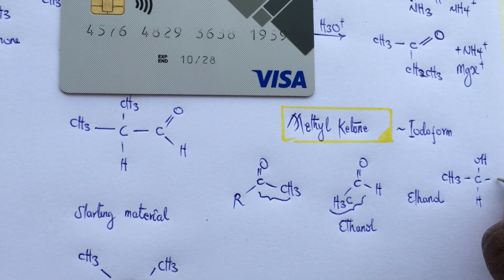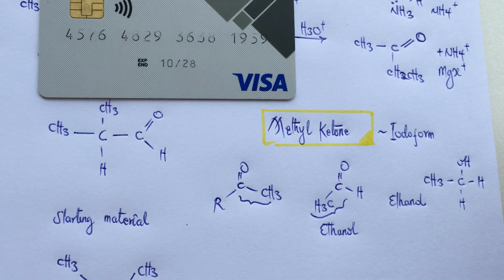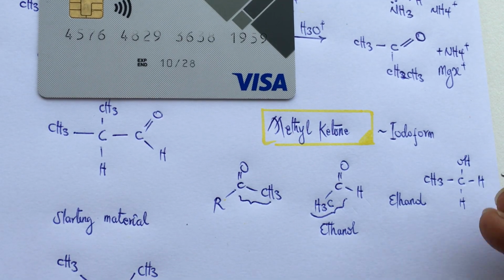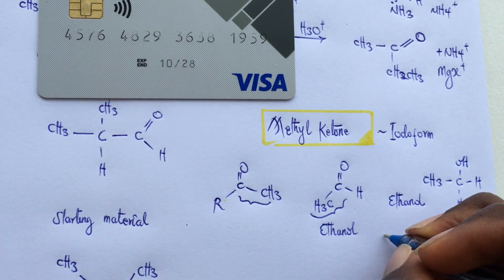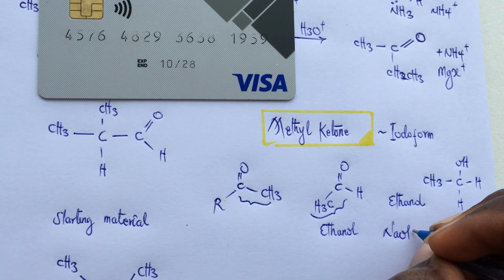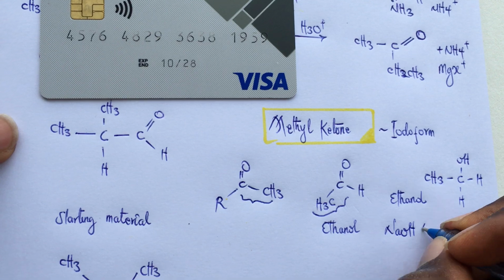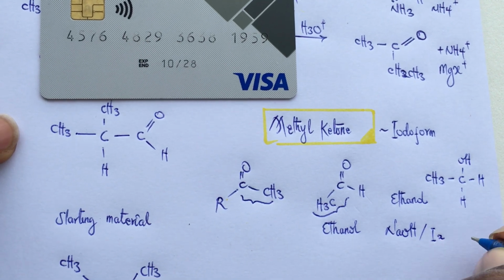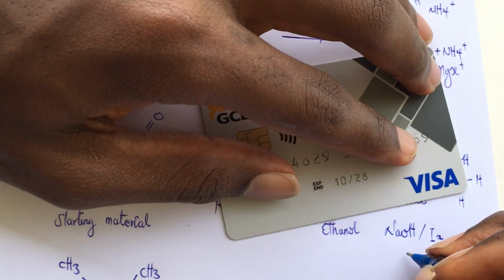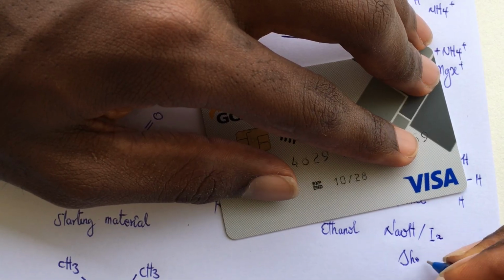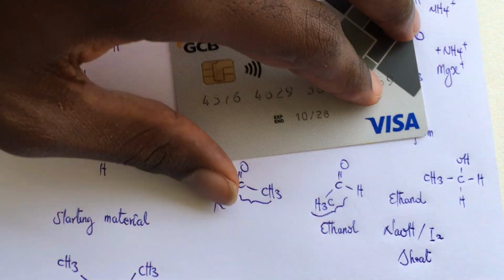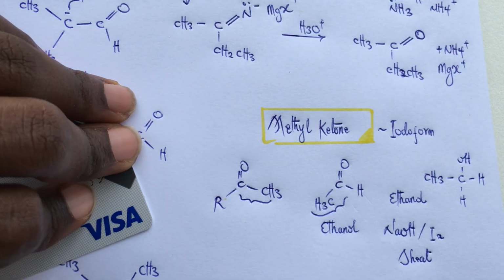Because of the conditions and reagents we use in the iodoform test, even ethanol can still give a positive iodoform test, because in the iodoform test we require NaOH, a strong base, in the presence of iodine molecules, under heat. This is the condition that is required for our iodoform test.